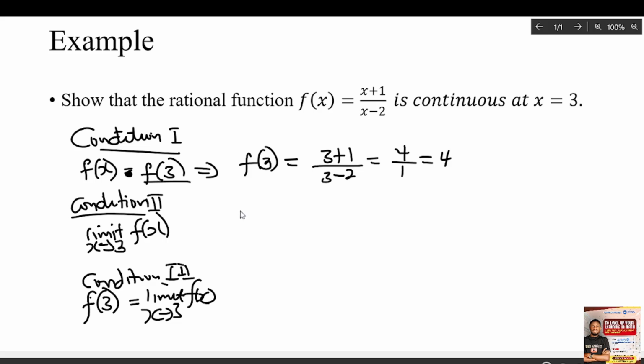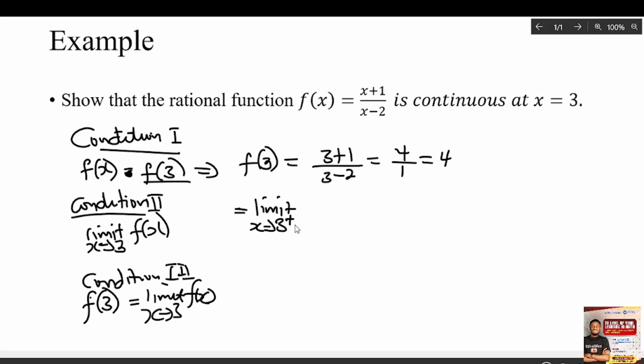Now the second condition is to find the limits as x approaches 3. What it means is that the function approaching from the right is equal to the function as it approaches from the left. So if x is approaching from values slightly greater than 3, it is the same as approaching from values slightly less than 3.